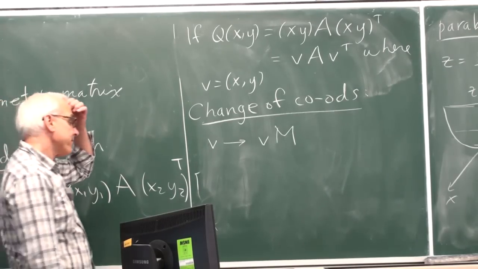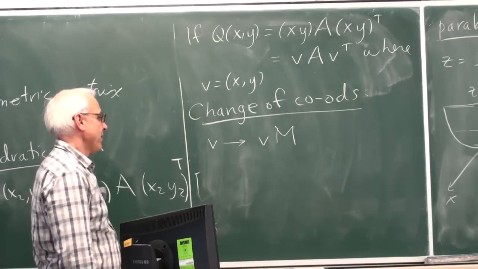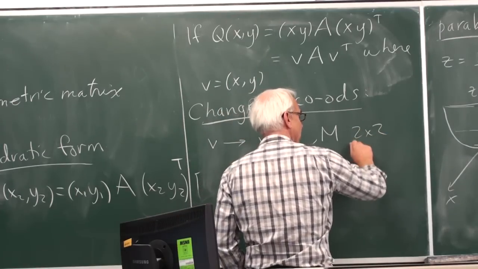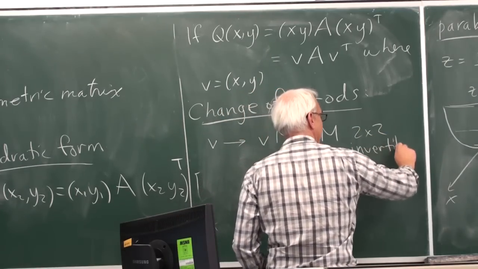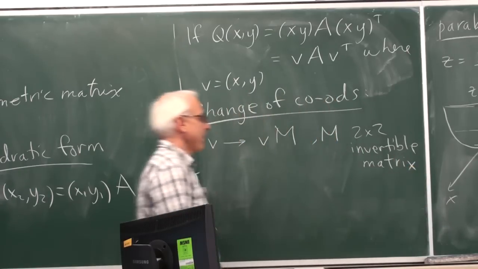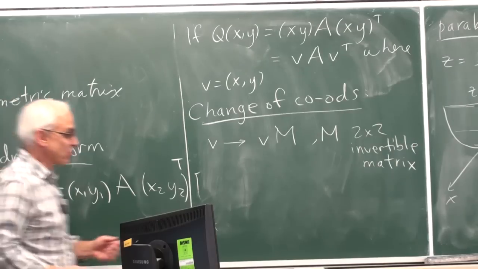Now, M should probably be an invertible matrix, so a 2 by 2 invertible matrix. So in that case, we can define a new quadratic form by composing with this transformation.